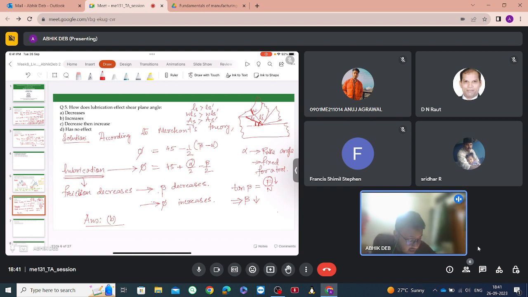Tau is the shear stress, and tau multiplied by the shear area will give the shear force required.